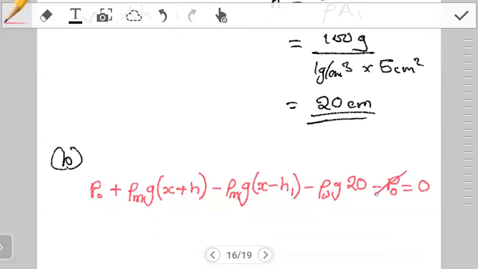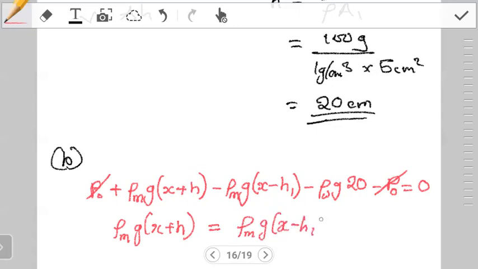This term quickly subtracts with this term, and you move the other terms to the right-hand side. I just want you to see that this looks like our earlier approach of equating the pressure on the left arm to the pressure on the right arm. You would have ended up with this exact expression.